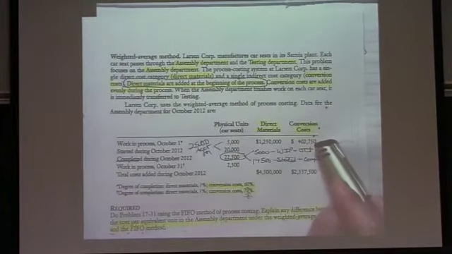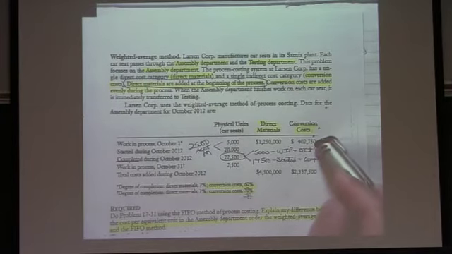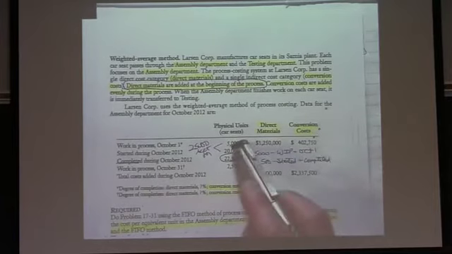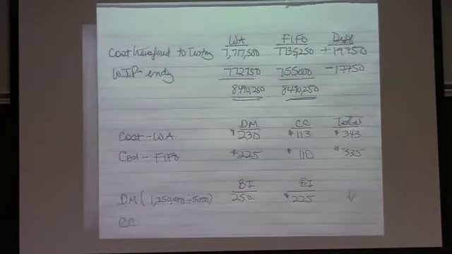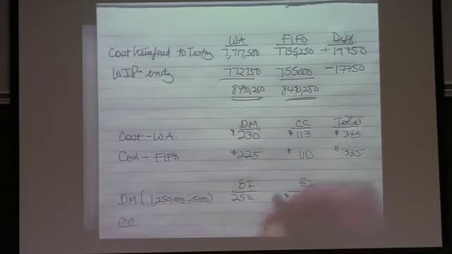Now what about conversion cost? We know that this conversion cost is $402,750. And the number of equivalent units was essentially 5,000 times 60%. That's 3,000 equivalent units.